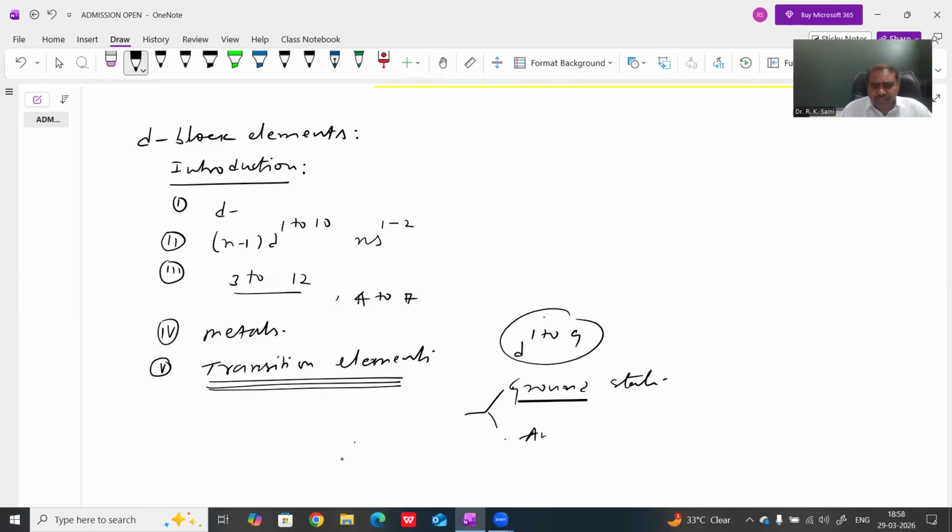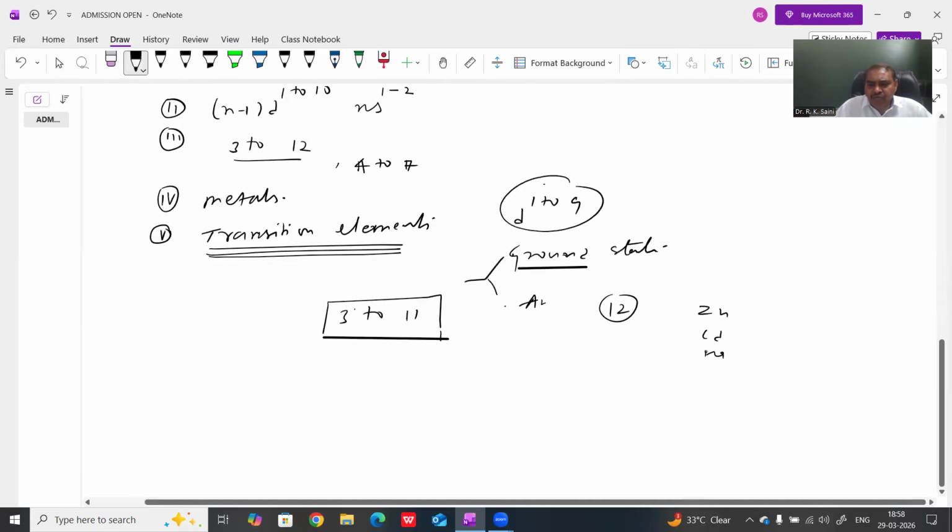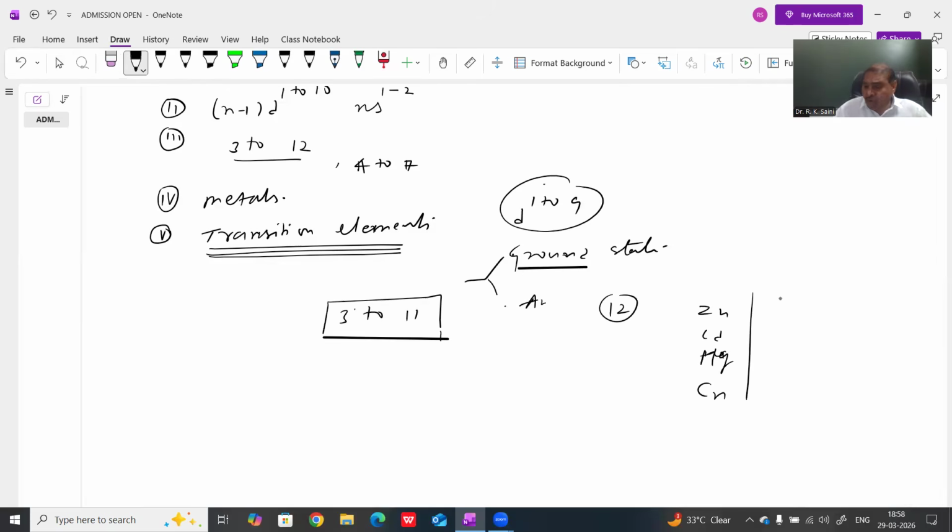Hence, according to this definition, group number 3 to 11 are known as transition elements only, because group number 12, namely the zinc family, zinc, cadmium, mercury and copernicium, have a ground state electronic configuration of (n-1)d10 ns2. Therefore, in the ground state, d orbitals are completely filled, as well as in their highest oxidation state.